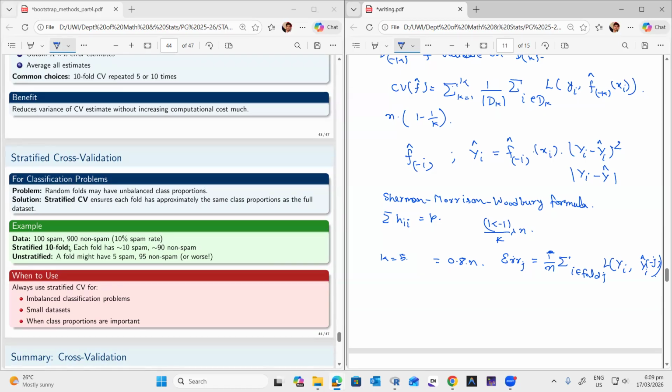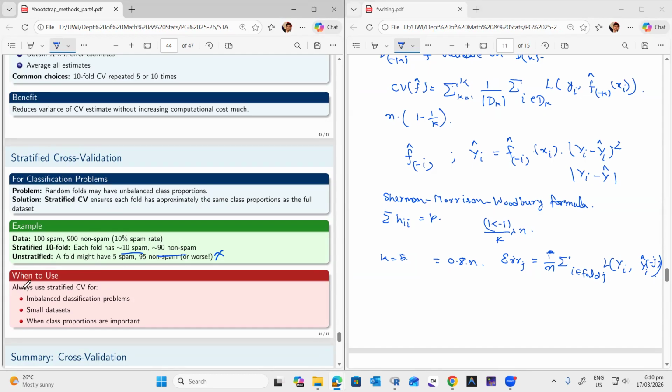So stratified 10 folds, each fold has 10 spam and 90 non-spam. In unstratified, it may happen that 5 are spam and 95 are non-spam, so that is not good. We need to split the folds in such a manner that each fold should have 10 spam and 90 non-spam.